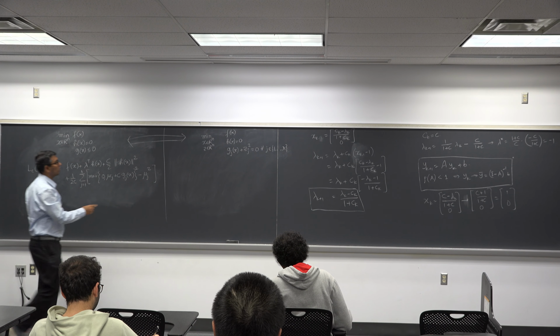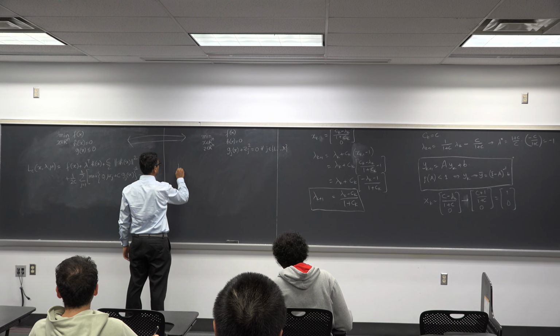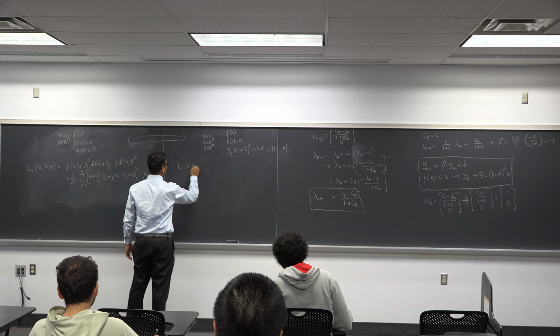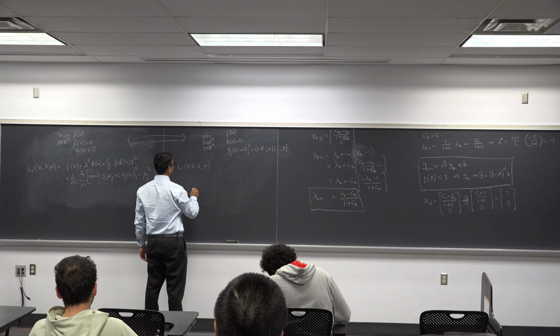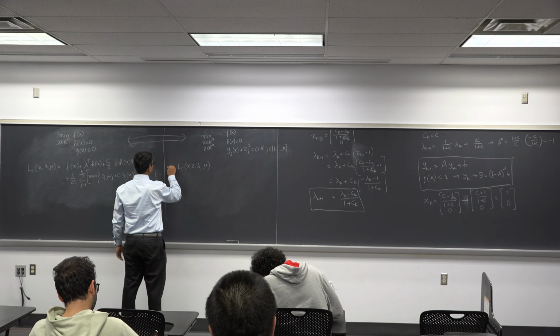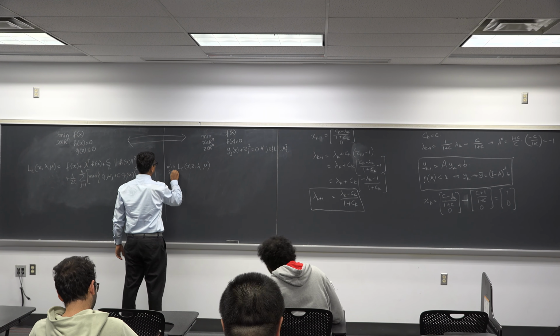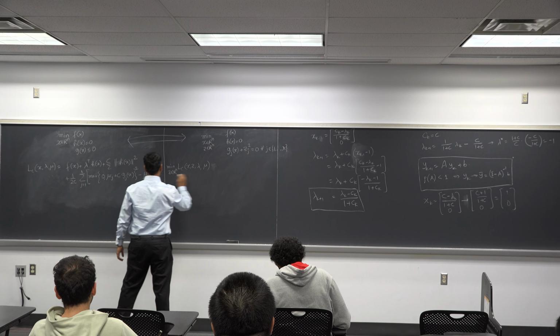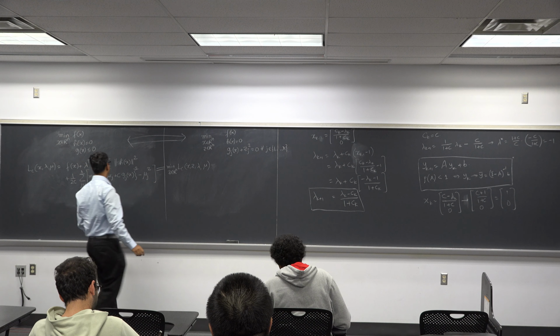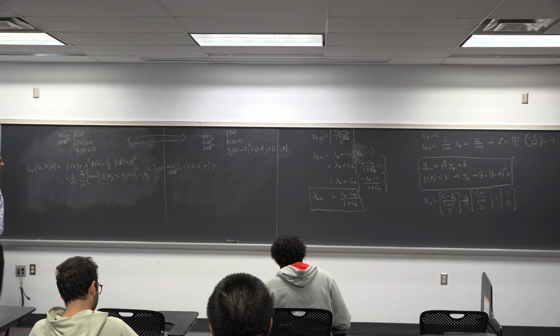Now you can define the augmented Lagrangian for this: x, z, lambda, mu, and then you minimize over z in R^m, and this is going to give you this particular augmented Lagrangian.